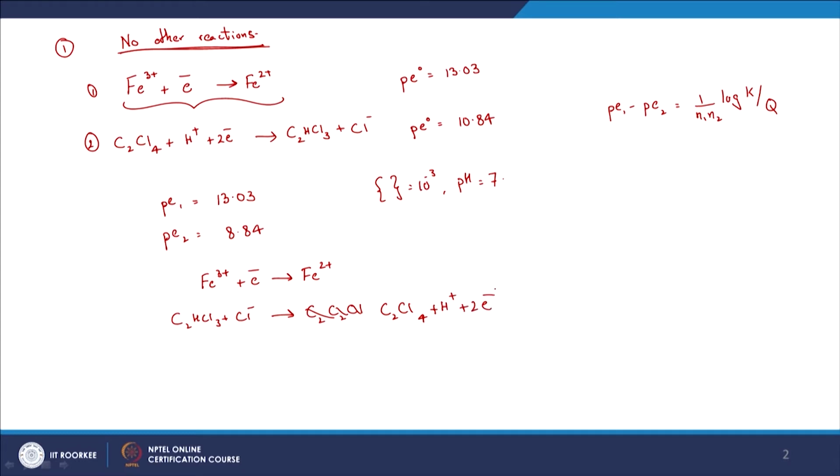This is how the system should proceed if there were no other reactions, because pE1 was greater than pE2. What does this mean? That C2HCl3 is going to reduce Fe3+, or ferric iron, to ferrous, but that is at odds with what you would observe out there. So we are going to try to understand why this is the case.